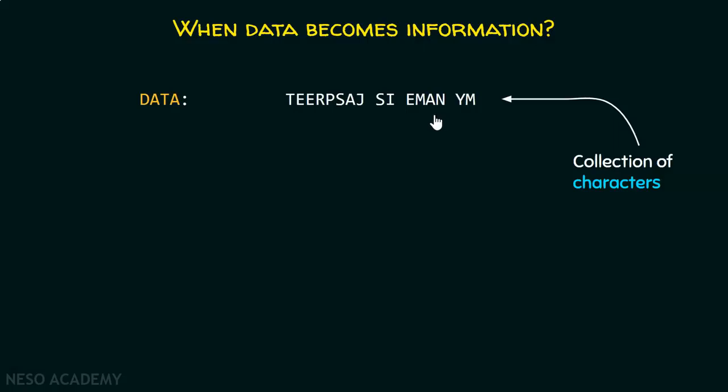No, right? But when I process this data and let's say I reverse this whole string, means the last character becomes the first character, second last character becomes the second character, and so on. Then it becomes an information. Because now I can read this and I can understand what is written. Here I have written my name is Jaspreet. So it is quite understandable.